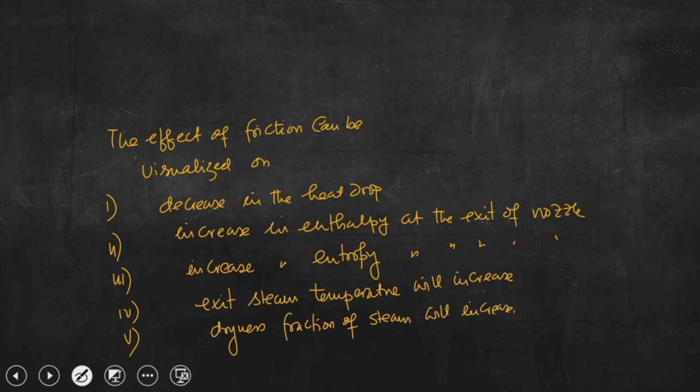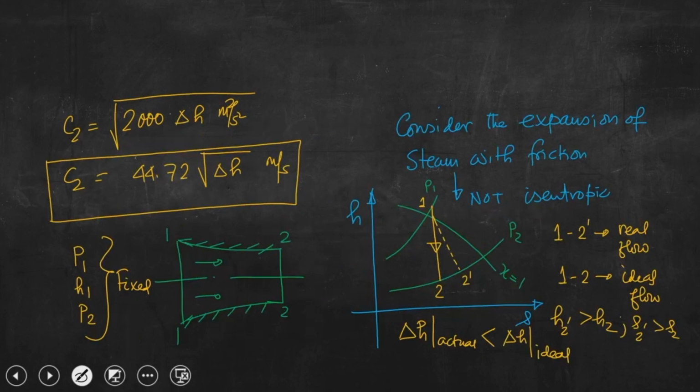So the question is, we are getting lesser velocity of steam at the exit of the nozzle, because considering the frictional effect we are not getting the velocity that we are supposed to get, but we can increase the steam quality at the exit of the nozzle.